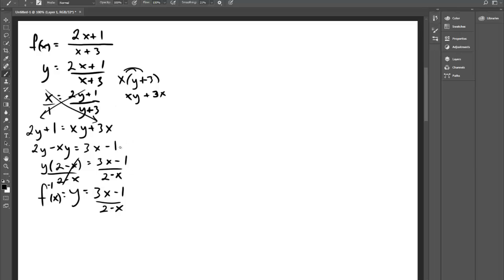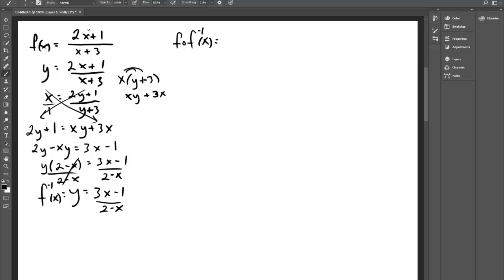So now, if that was all you were asked to find, that would be the end of that, but we have to verify. So we have to do two different things here. First one would be f of f to the negative 1 of x, and then we're going to have to do the other one. So let's go ahead and work on that. Both of these are going to be gross, so this is going to take a little time here.